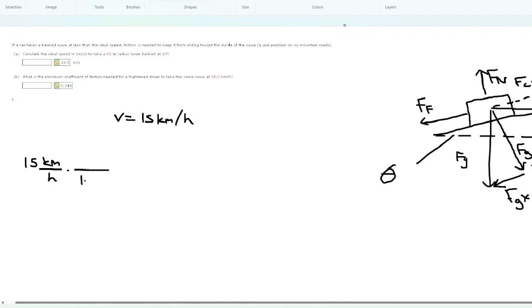For every kilometer, there are 1,000 meters. And for every hour, there are 60 minutes. And for every minute, there are 60 seconds.